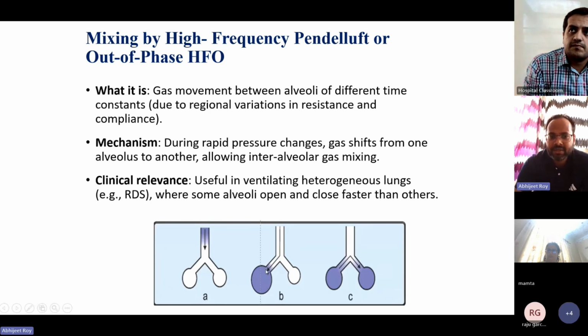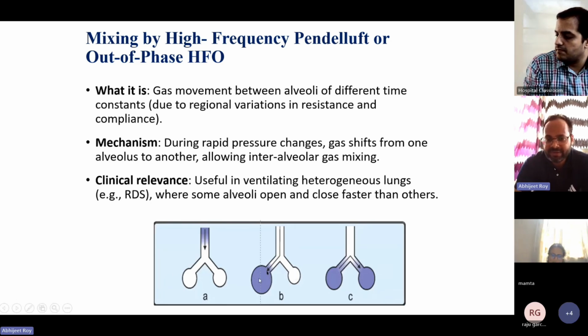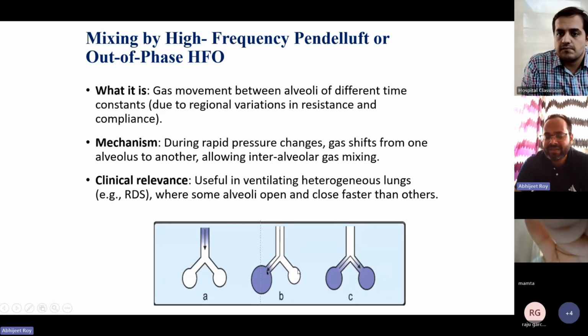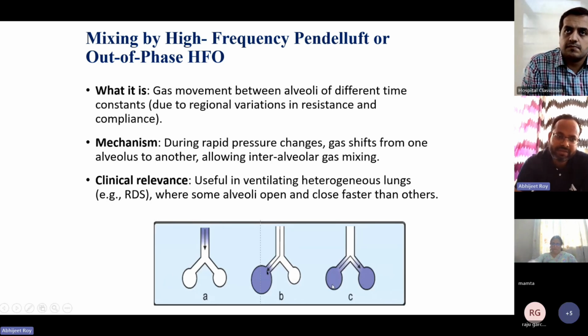So they will expand, and once they are filled, they will pass the gas to the nearby alveoli also. During expiration, this alveolus, because it has a lower time constant, will empty earlier, and the other will still have gas. So the gas exchange will then occur a second time, from this alveolus to that alveolus. So it is clinically useful in ventilating heterogeneous lungs such as in RDS, where some of the alveoli open and close at faster rates than others.